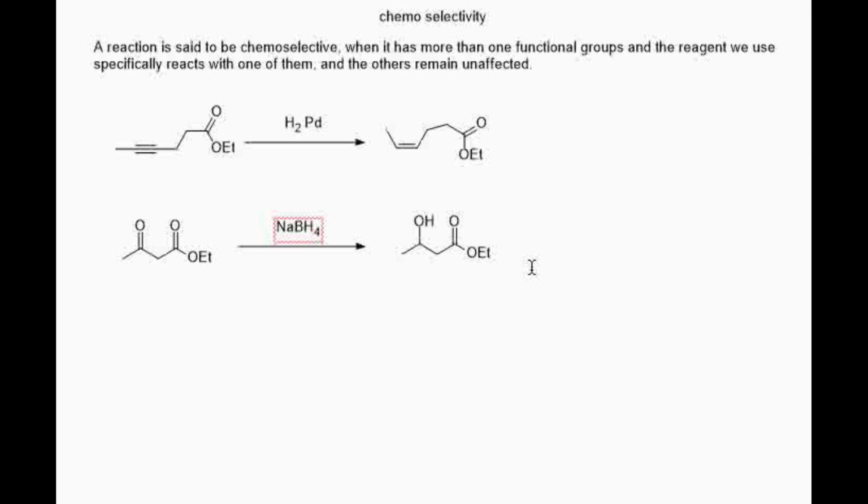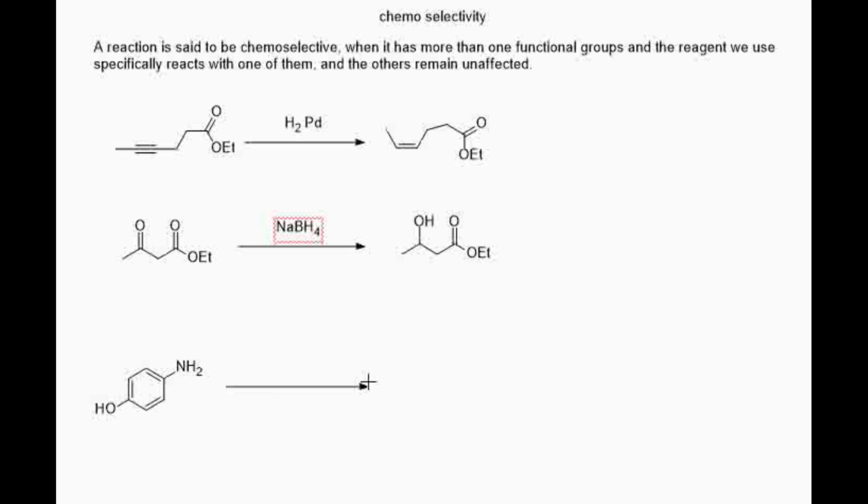There are tons of examples. Let me take another one. Suppose we have a benzene ring over here with two groups: here an NH2, and here OH. So we have an amine group and an alcohol group. What's going to happen next?